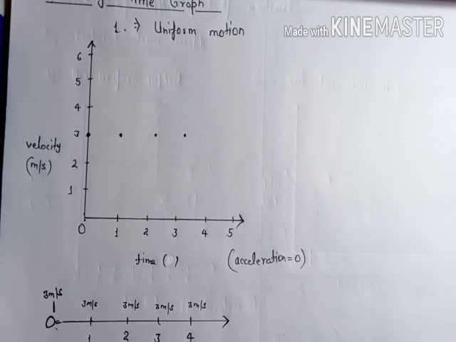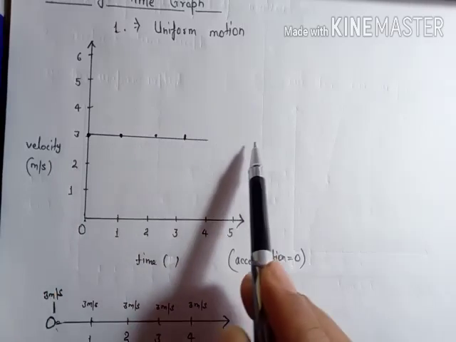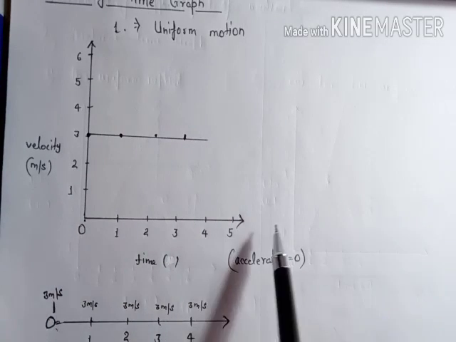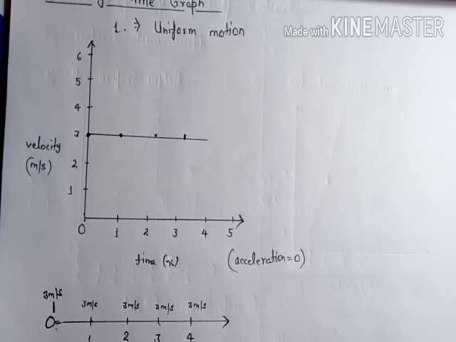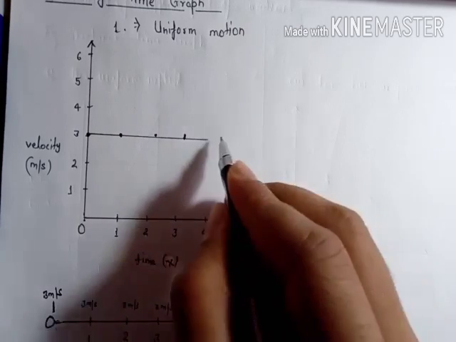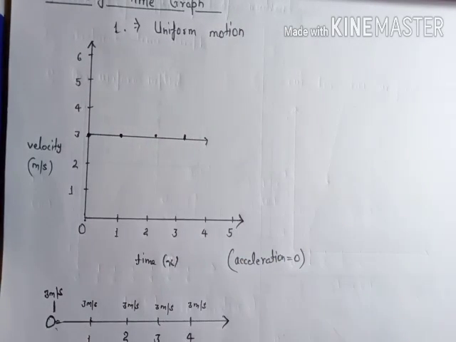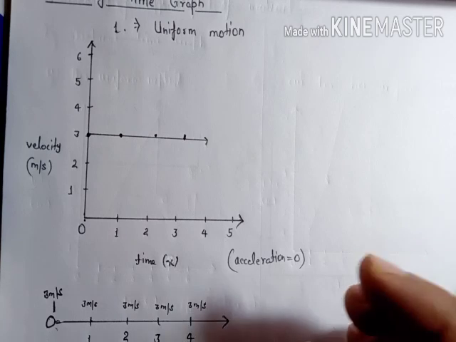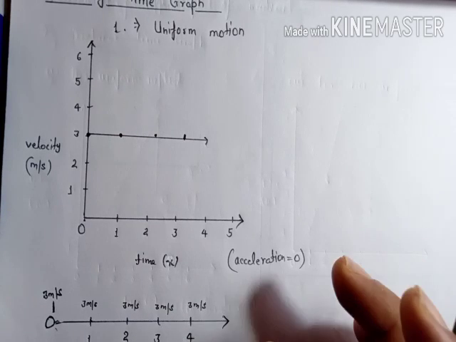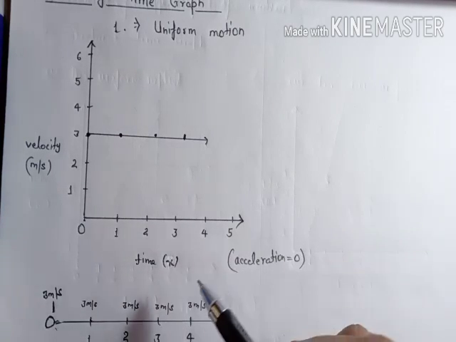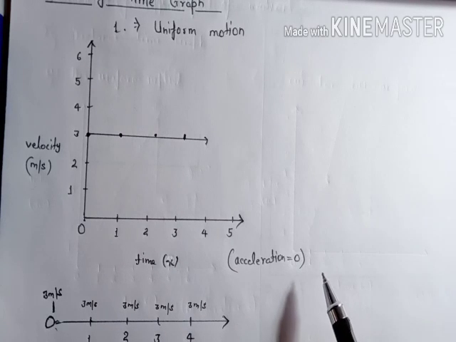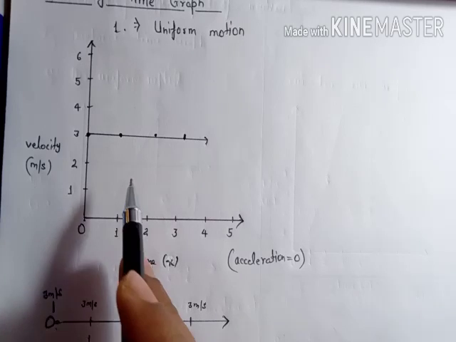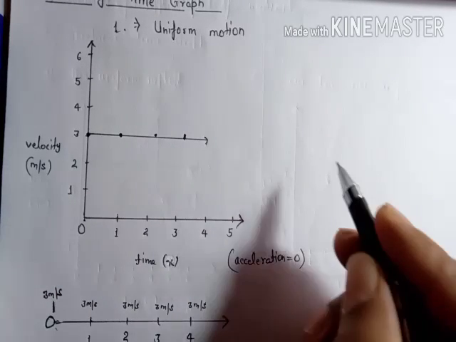Join these points, and you will get a line which is parallel to the x-axis, which is considered as the axis of time. In case you have to plot a velocity time graph for uniform motion, you will get a graph like this. And here again acceleration is 0. For uniform motion acceleration doesn't exist.